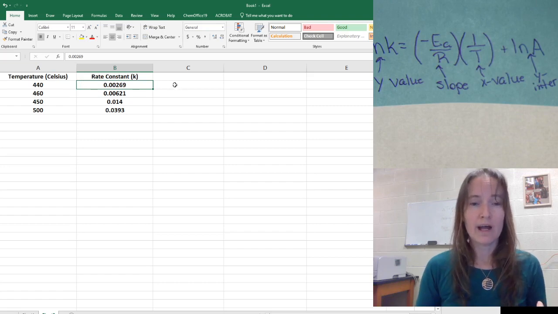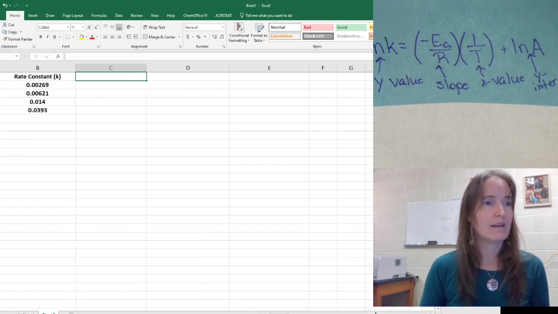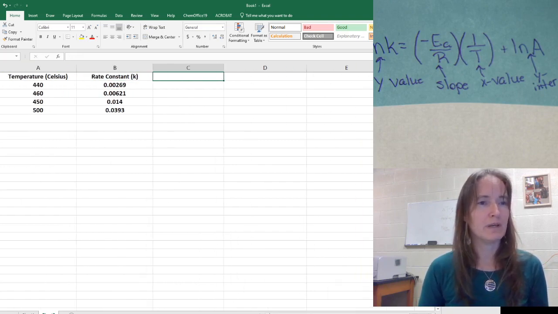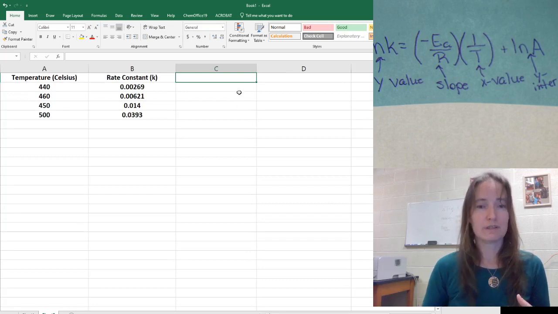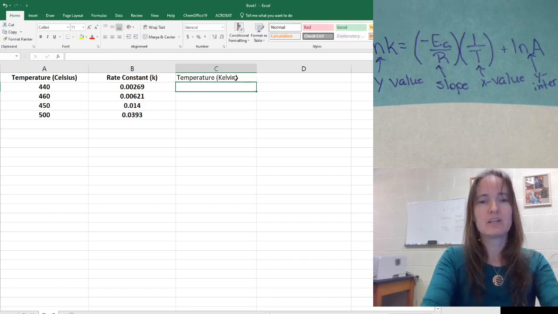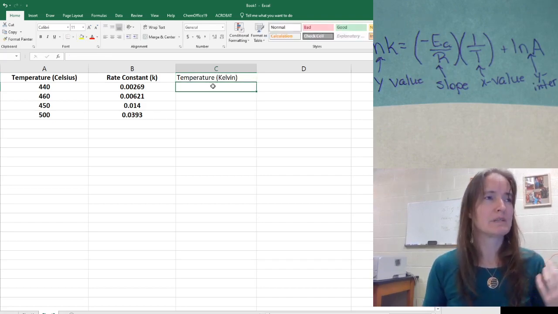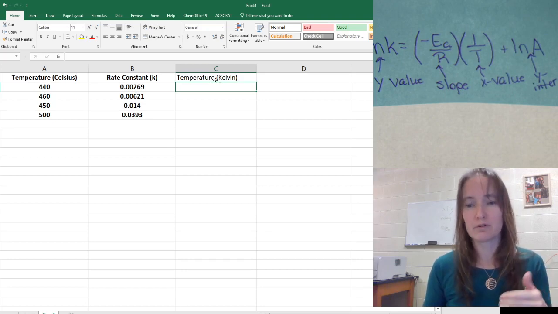And so I am going to change the data and make it be data that is in Kelvin. In this next column, I'm going to type in temperature, and then I'm going to put Kelvin. I'm not going to use capital K, simply because sometimes capital K gets confused with little k rate constant.